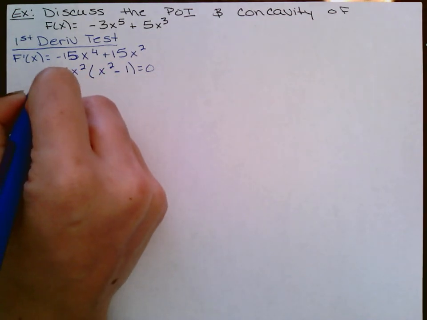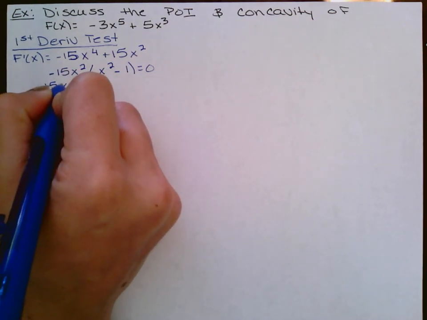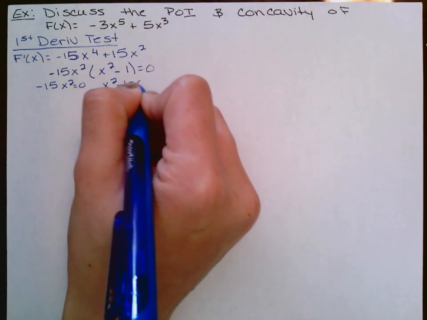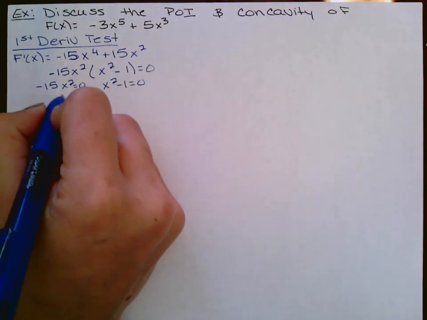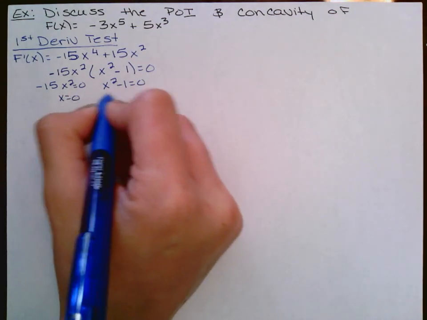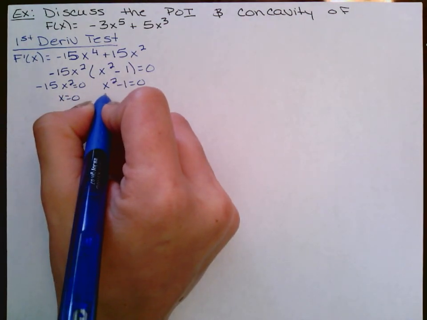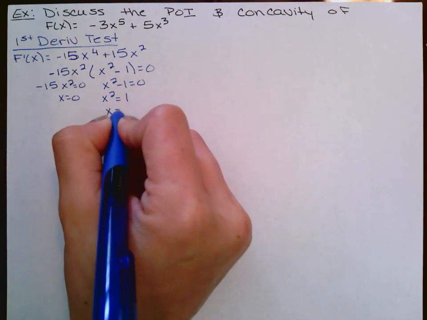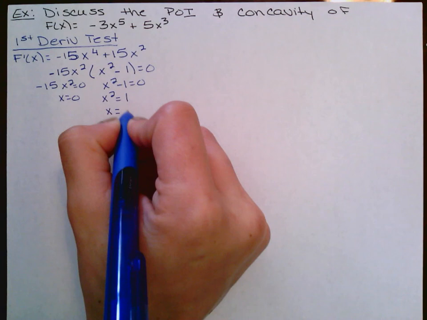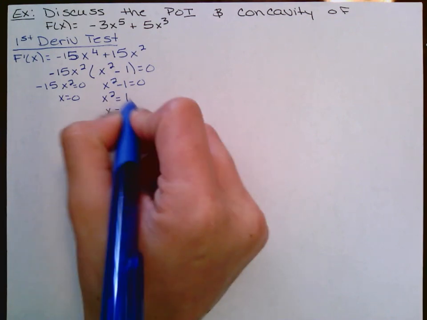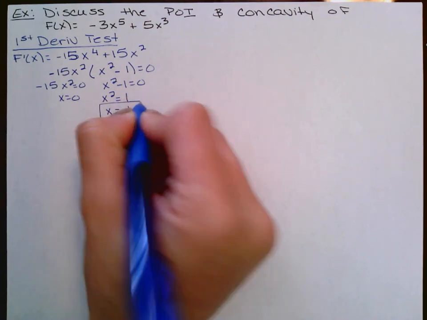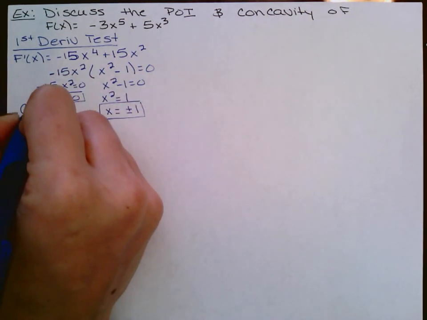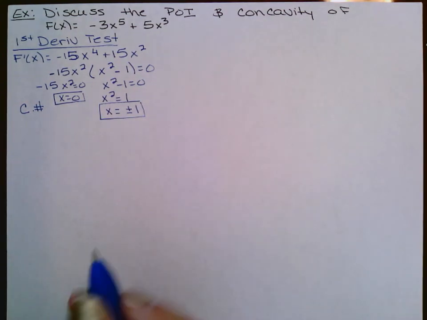Here when I set each of them equal to 0, we get x equals 0. And then when I move the 1 over and I square root that, remember every square root, every even root has a plus or minus. So be careful there. We get 2 answers there. Okay, and these are my critical numbers because we're on the first derivative.